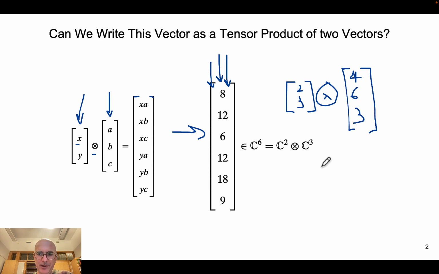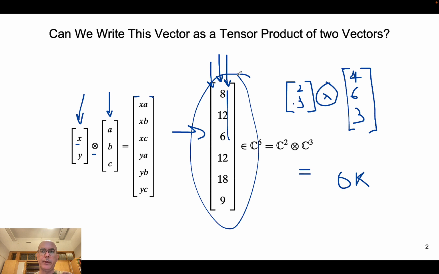So let me verify very quickly that I didn't make any mistake. So this is going to be 2 multiplied by all this. So 8, 12, and 6, that is corresponding to this. And then we have 3 times it: 12, 18, and 9. So yes, we can express this vector as a tensor product of the two vectors.